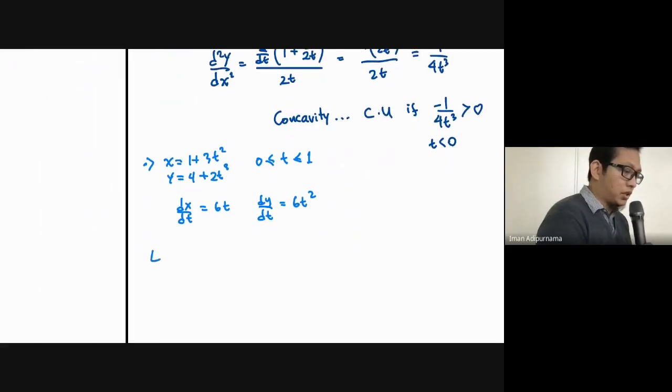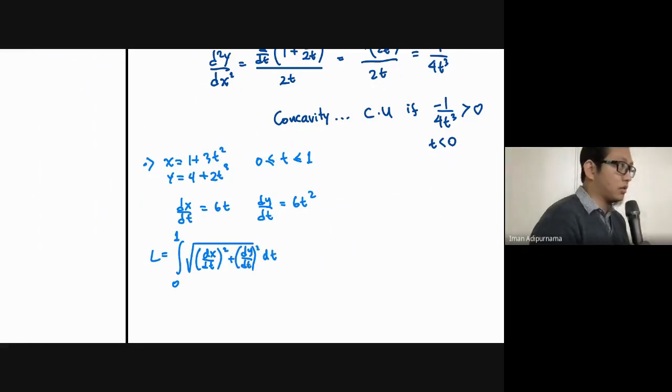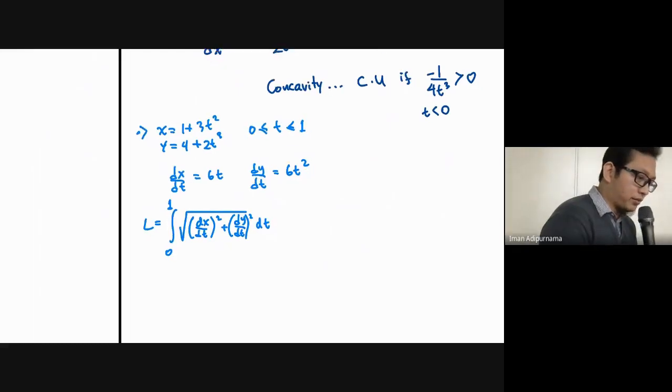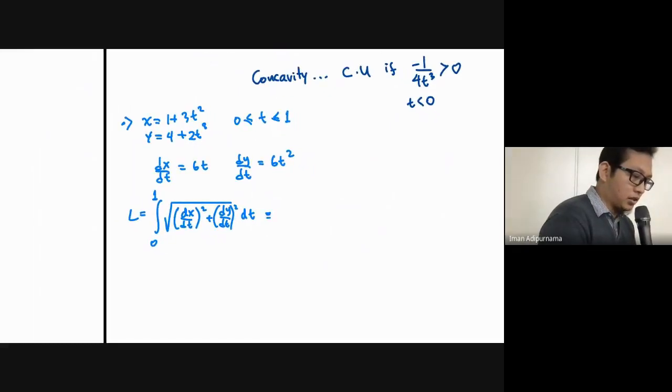And for the length, we can just write from 0 to 1, and then square root of, and then we can plug in the first derivative inside.